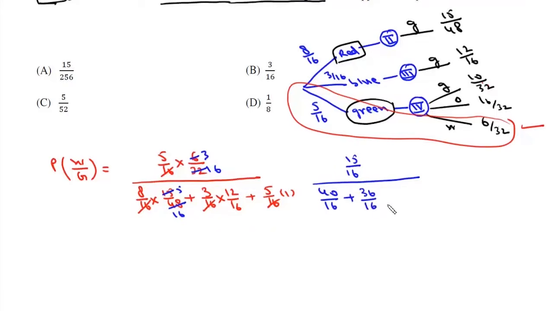This is 36 by 16, and 16 into 5 is 80 by 16. Now this 16 will also cancel. So it'll be 15 upon 120 plus 36. So it'll be 156. And this is 5 by 52, and that's your option C.